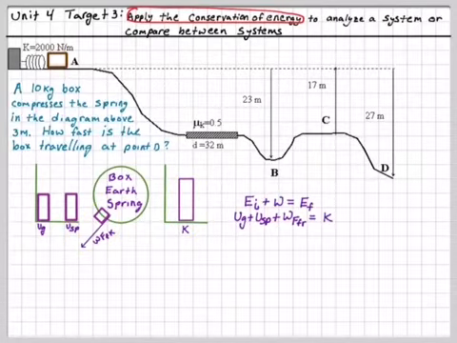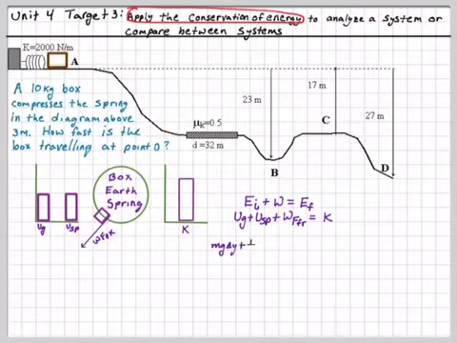Notice, as I always mention, that we make the work positive, or we put a plus in there, because we're anticipating that if friction's doing negative work, or if it's removing energy from the system, our calculations will show that it's a negative value.